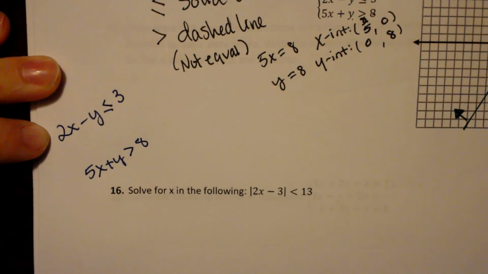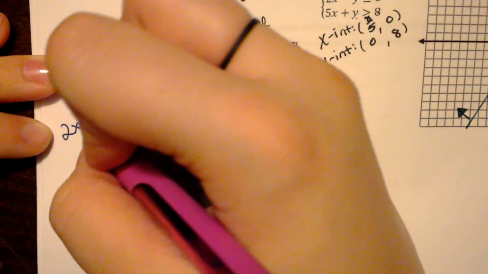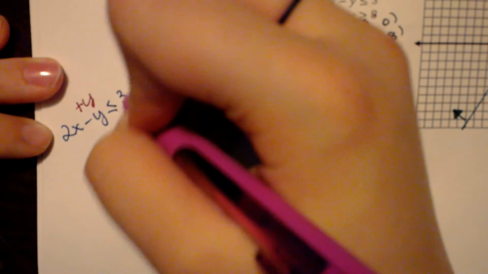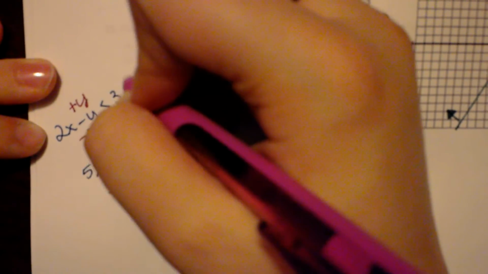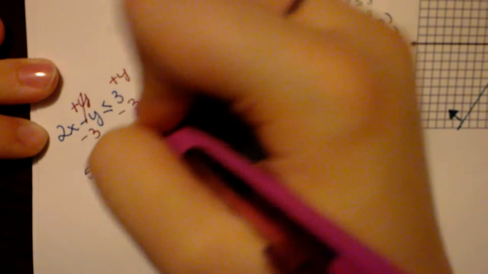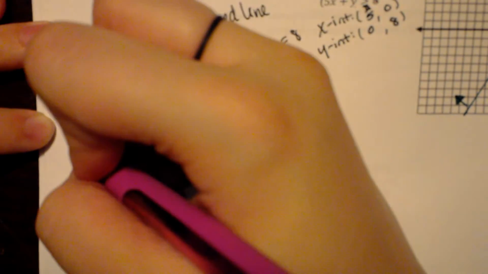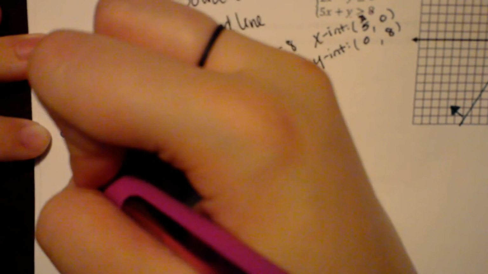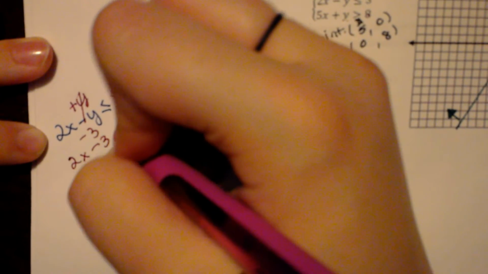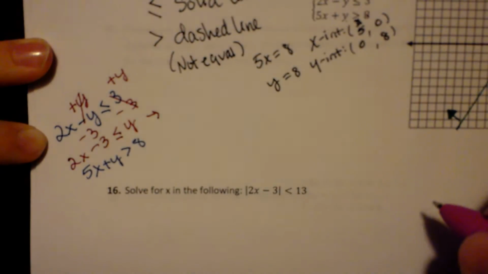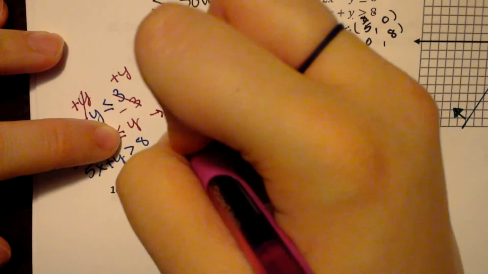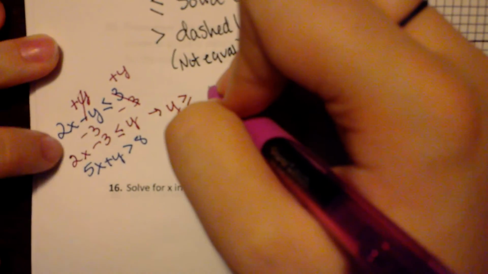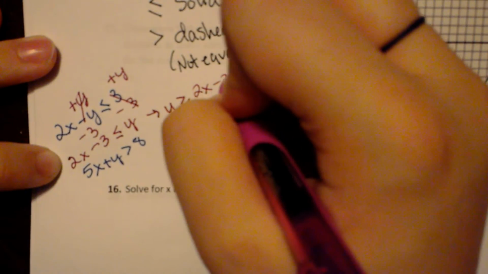So my first equation, y is negative, so I'm going to add y over, and I'm going to subtract 3. That's going to give me 2x minus 3 is less than or equal to y. If it's less than or equal to y, that means y is greater than or equal to 2x minus 3.